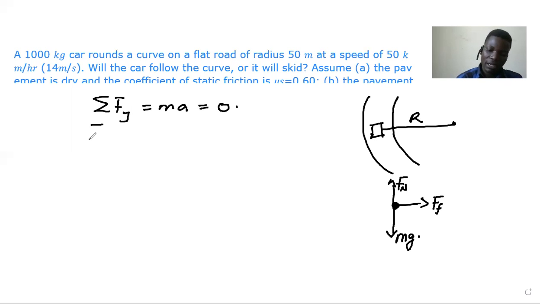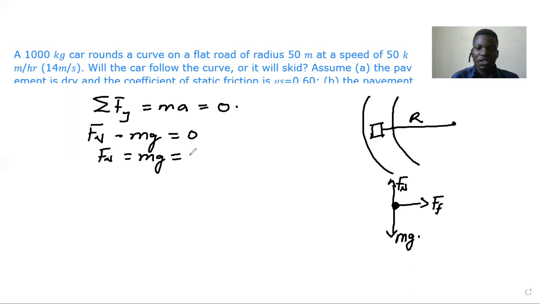So we have normal force minus weight of the car equal to 0, and then normal force equal to weight of the car, of which we've been told the mass is 1,000 kg.